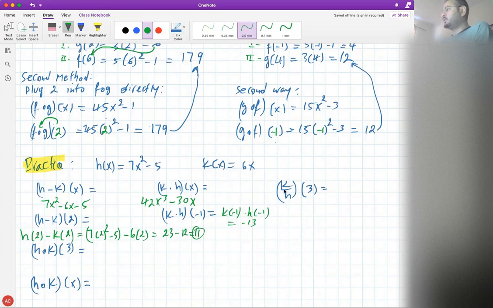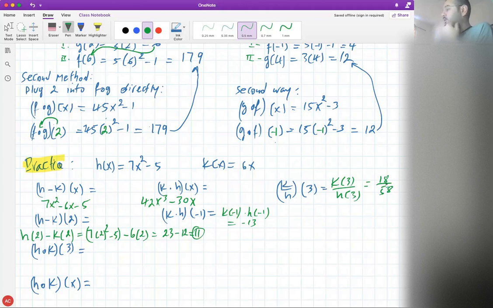Okay, so the next one, K over H of 3. Again, that should be K of 3 over H of 3. I got 18 over 58. That's right. If you plug 3 into K, you get 18. If you plug 3 into H of 3, 3 to the second is 9. 9 times 7 minus 5 would be 58, right?